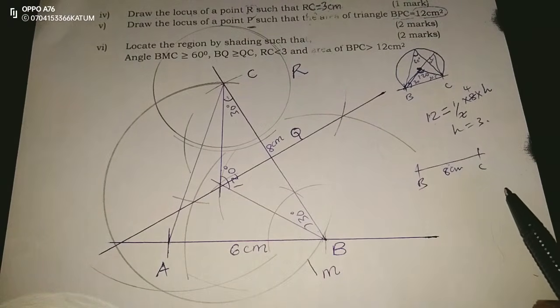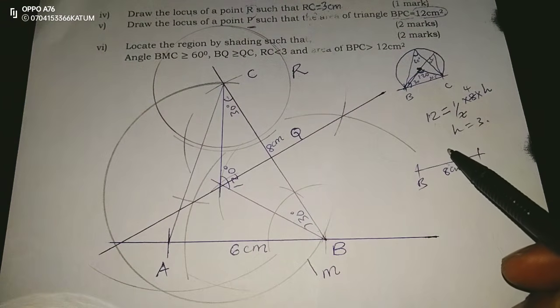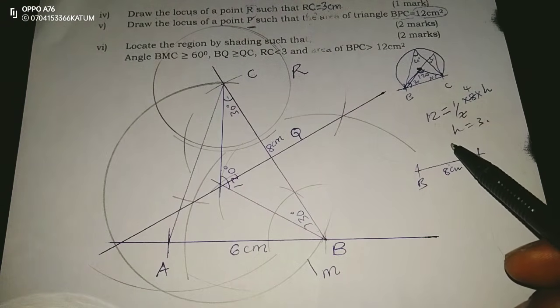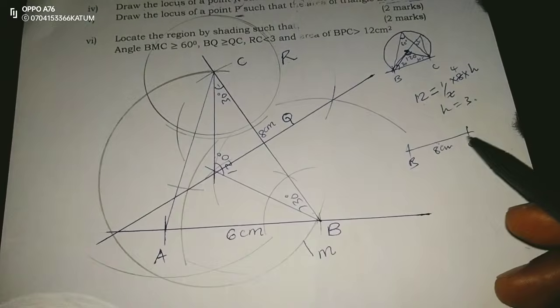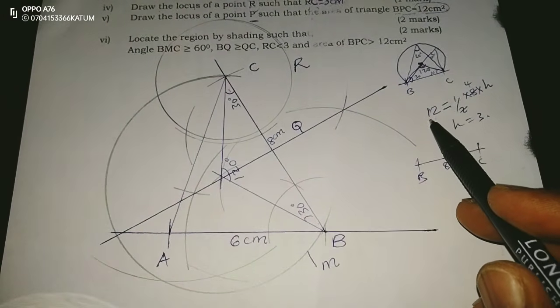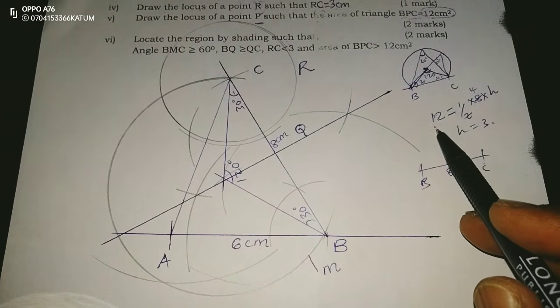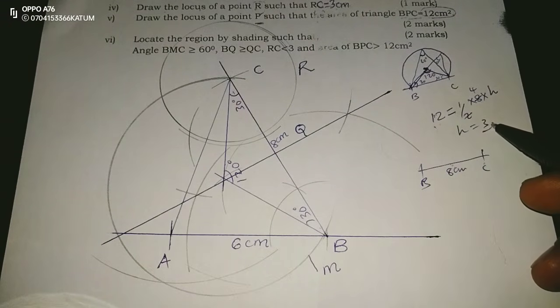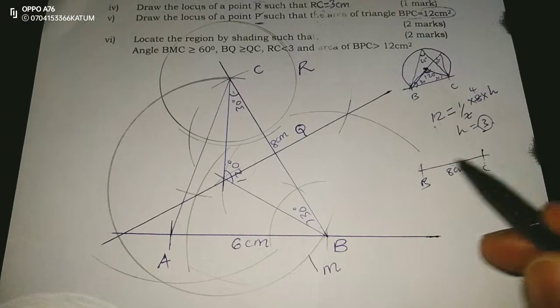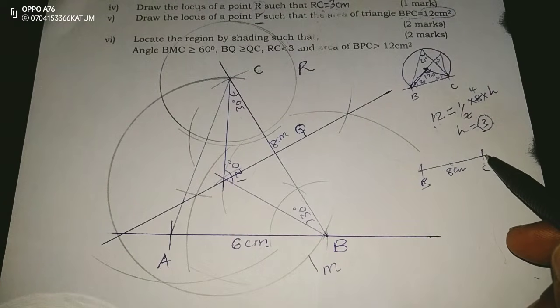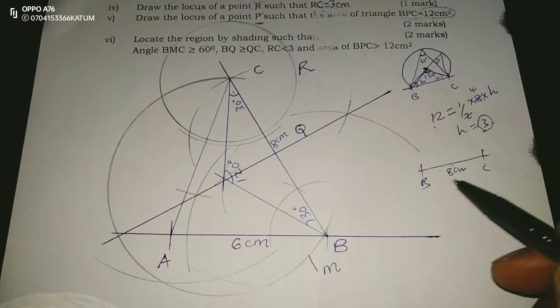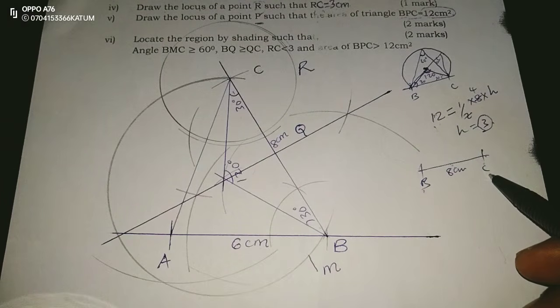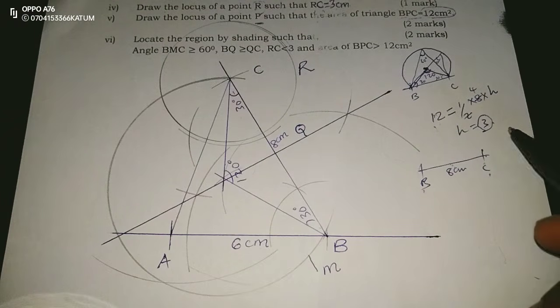Therefore, we're going to draw such that the point P is at a point whereby from BC it is 3 centimeters away. Such a locus, whereby we need to construct the locus of points which are at a given distance from a given straight line, we usually do a parallel line to the given line such that the parallel line is the desired distance away.